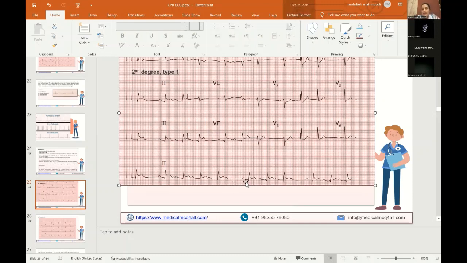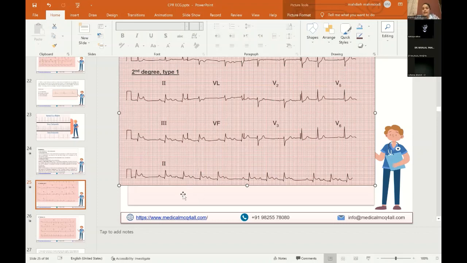So again, from the top, if you look at this PR interval and this PR interval, these two look the same, because you have this cycle once again, progressively increasing until you have one P not followed by a QRS. Okay, this is second degree type 1, which usually doesn't need any direct intervention for this block, but as you can see here, sometimes it's due to something else.